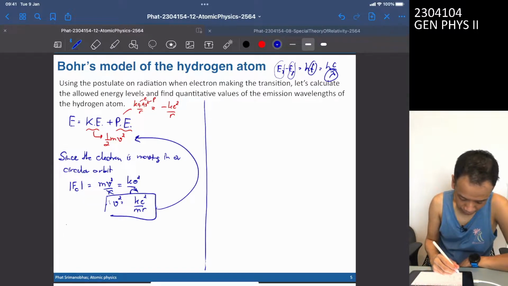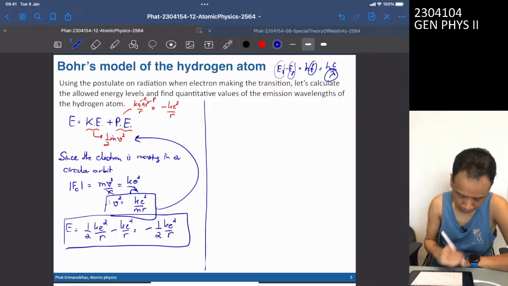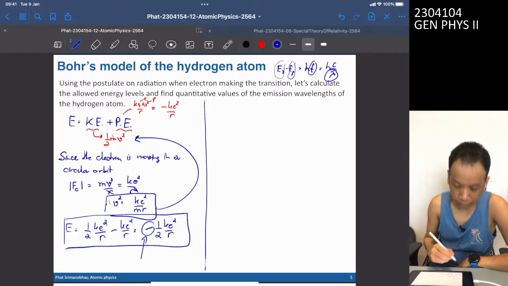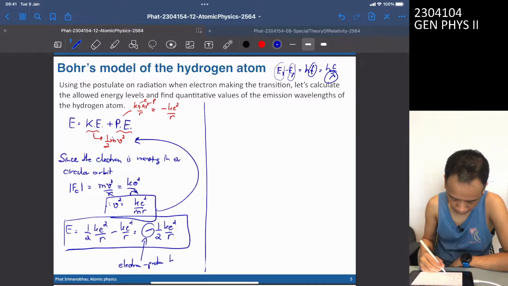So you have the final energy equal to, you cancel m, right? So half of the ke square over r minus ke square over r. So you get minus half ke square over r. It's minus because we are talking first about the electron-proton bound state.